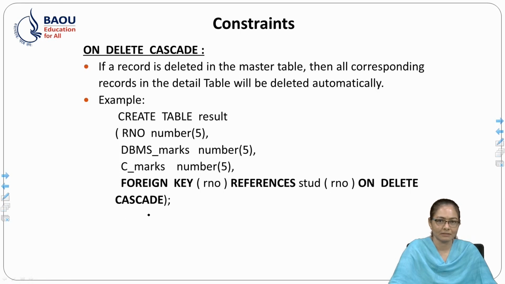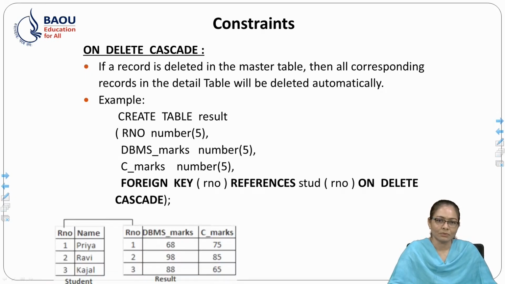Just add the words on delete cascade when we define the foreign key. So it is used to delete the records from the master table, then automatically records will be deleted in the child table.